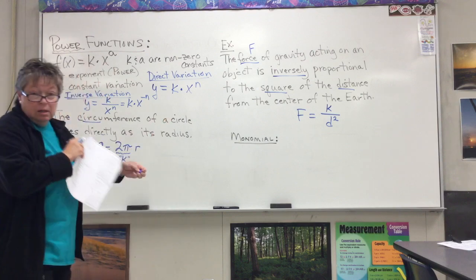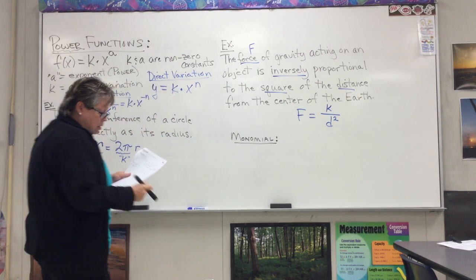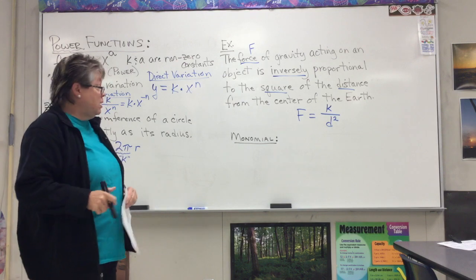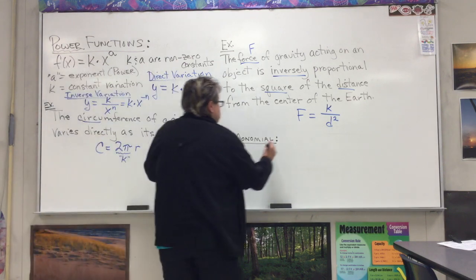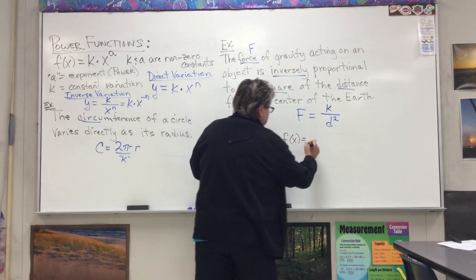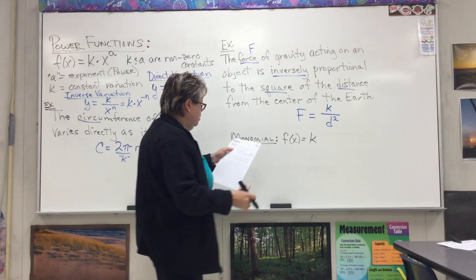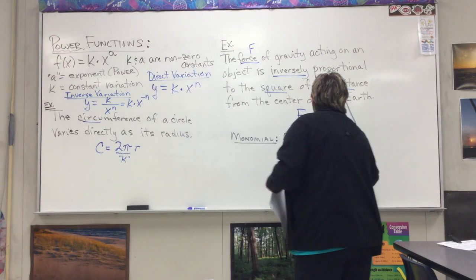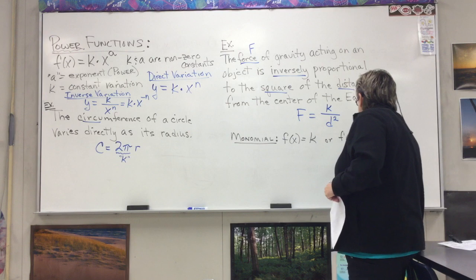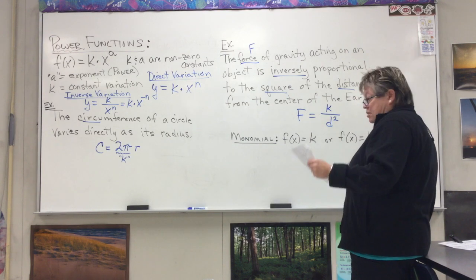Next up, I put up here the word monomial. Maybe you remember monomials back from Algebra 1. You can see that show up two ways. f of x could equal k, just a plain old constant, f of x equals 5. Or maybe you have f of x equals k times x to the n.